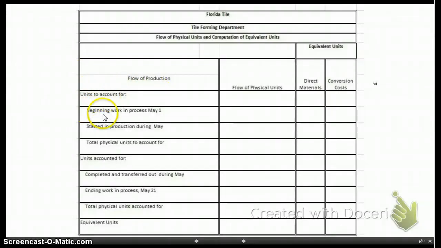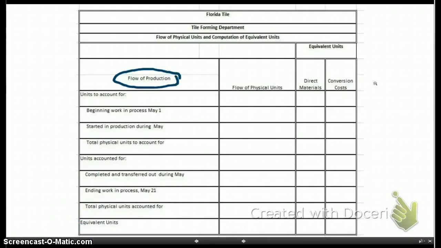You'll set up your beginning work in process plus started in production, and you will have total physical units to account for. The next section is how you account for those units. You'll have units accounted for by having your completed and transferred out and your ending work in process at the end of May. I know it says May 21st, but it's actually May 31st. That will give you your total physical units accounted for.